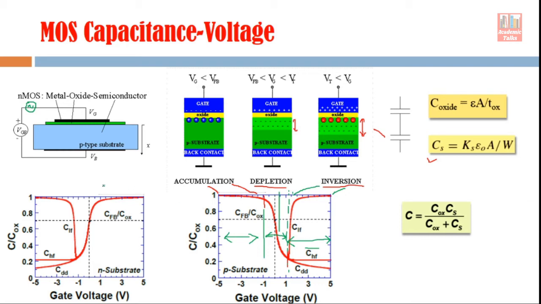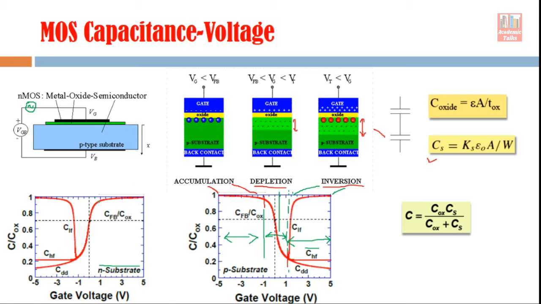But here you see what I have reproduced. This is a similar kind of pattern, but it is laterally inverted. Why? Because this is for the case of an n-type substrate, and the earlier graph was for the p-type substrate. So if we work with an n-type substrate, the graph will be like this, because everything will change here.